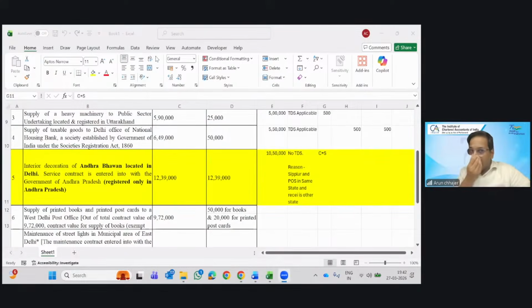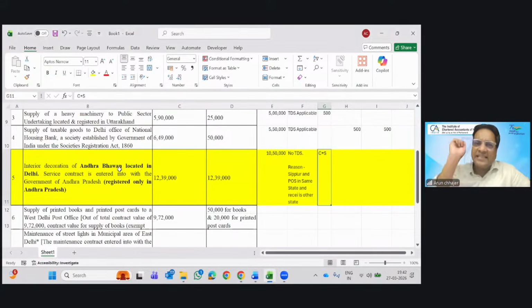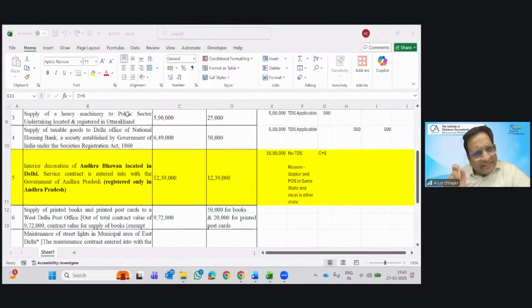Now tell me, if Andhra will deduct, let's say 1% CGST and 1% SGST, and deposit the SGST, can Andhra Pradesh deposit the Delhi SGST? क्या आंध्र प्रदेश दिल्ली SGST जमा करवा सकता है? पॉसिबल ही नहीं है सर.